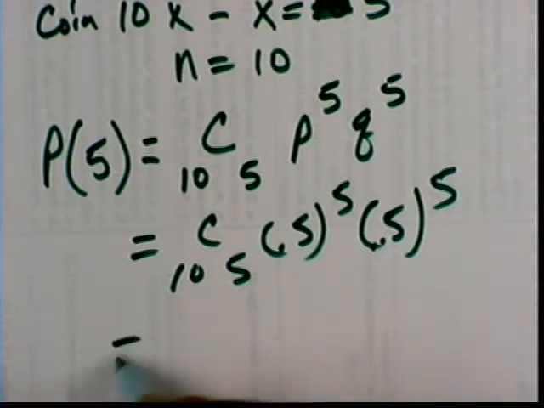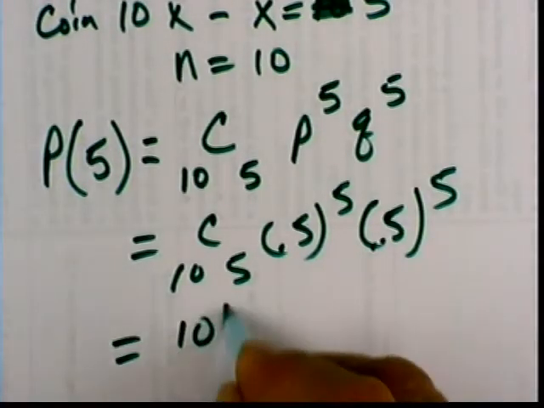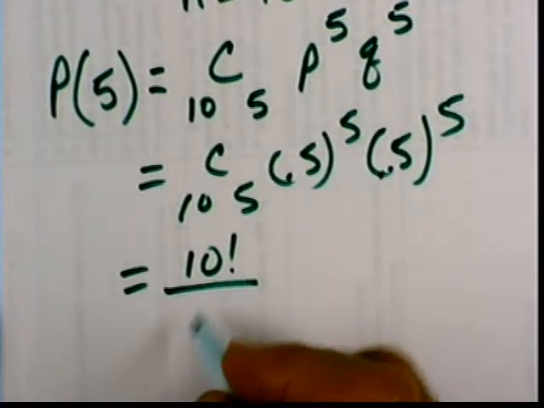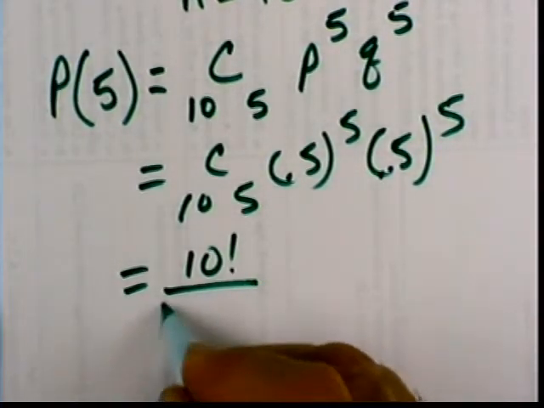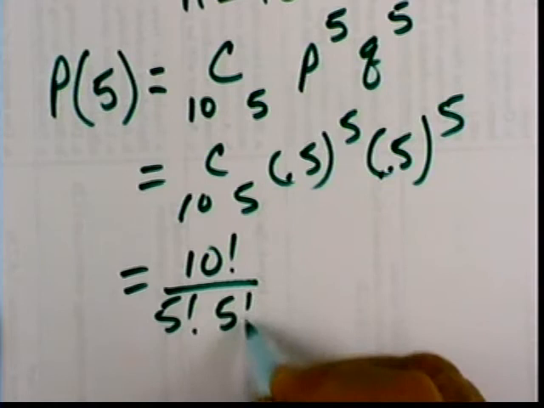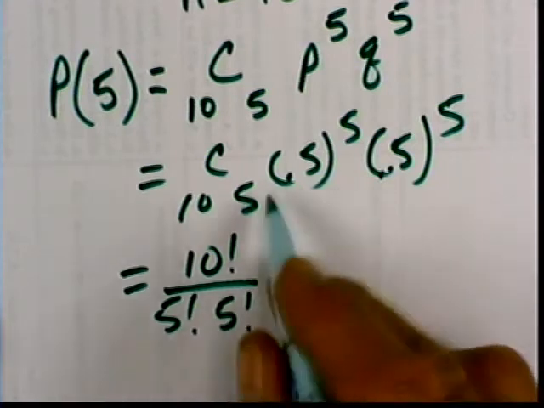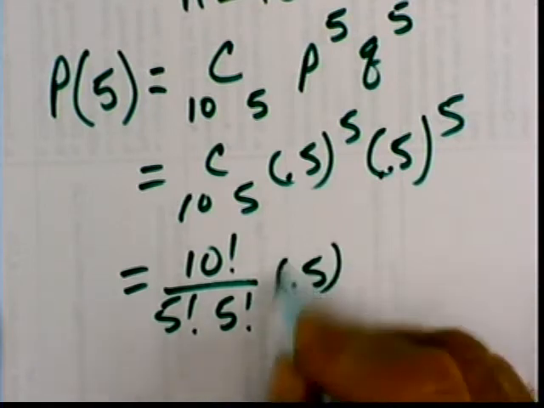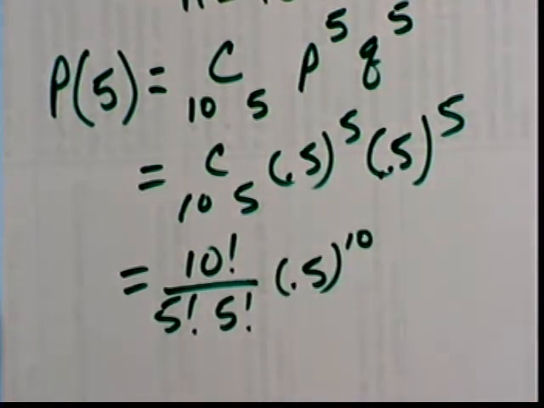So this is going to be 10 factorial divided by 5 factorial, 5 factorial. Both of these together will be 0.5 raised to the 10. And since I'm going to do another problem in just a minute, it's going to be good to use whatever information we can use for the second one.